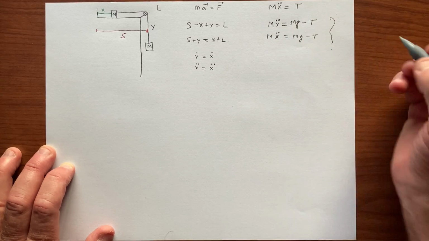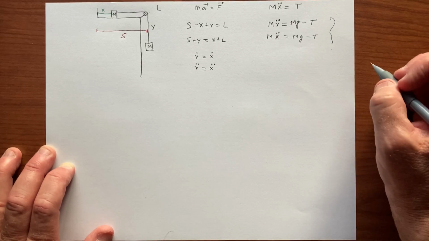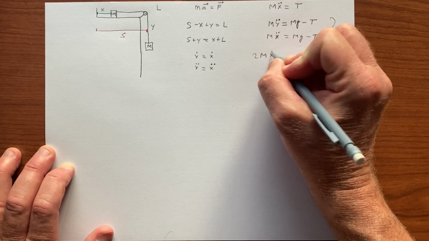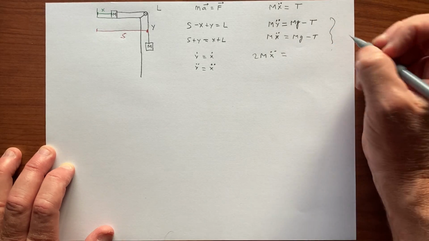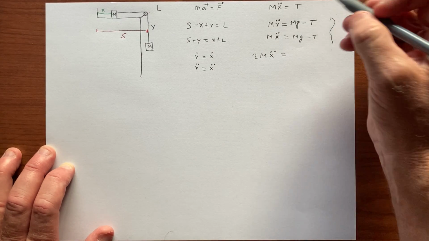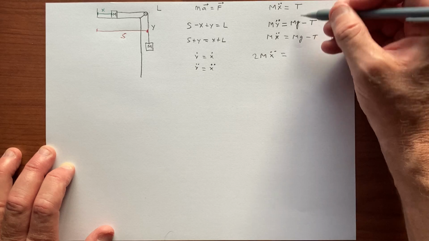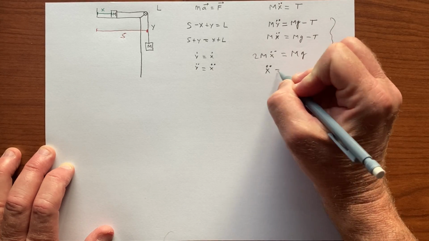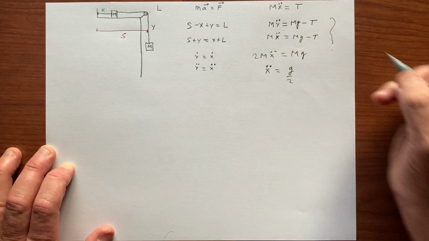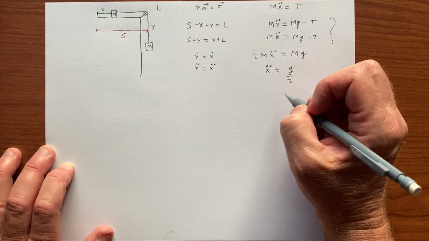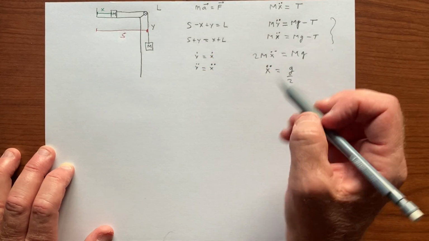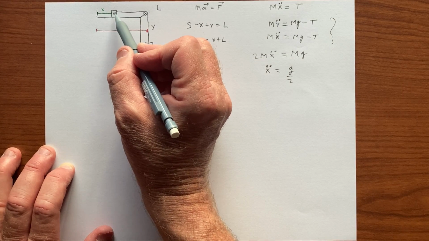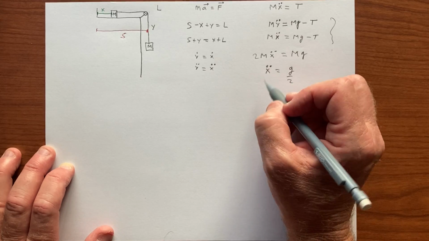So we have this coupled system, and so we add, we get 2m x double dot is equal to just mg, and so we have x double dot is equal to g over 2. And of course, if we integrate that, so if we're using x, we're sort of thinking of the acceleration of this object.